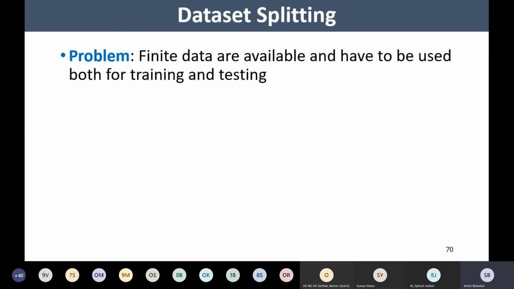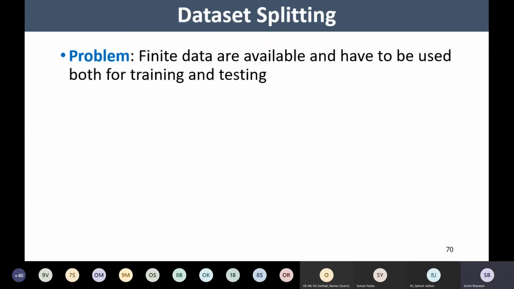So we have some finite data available with us, right? And what we need to do is use the same data for training as well as testing or validation, right?